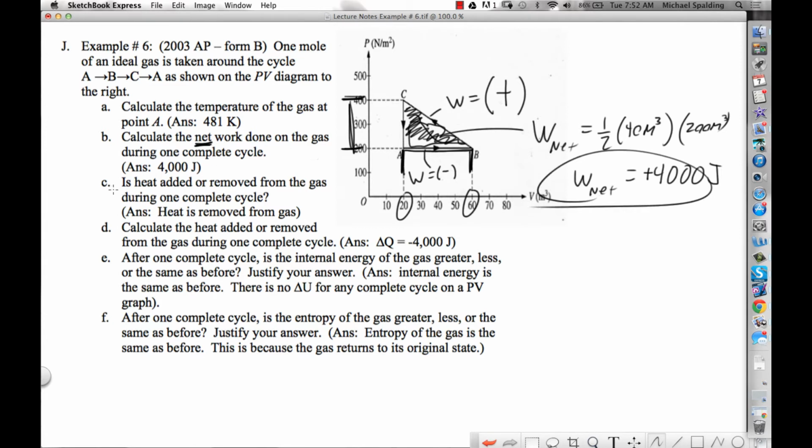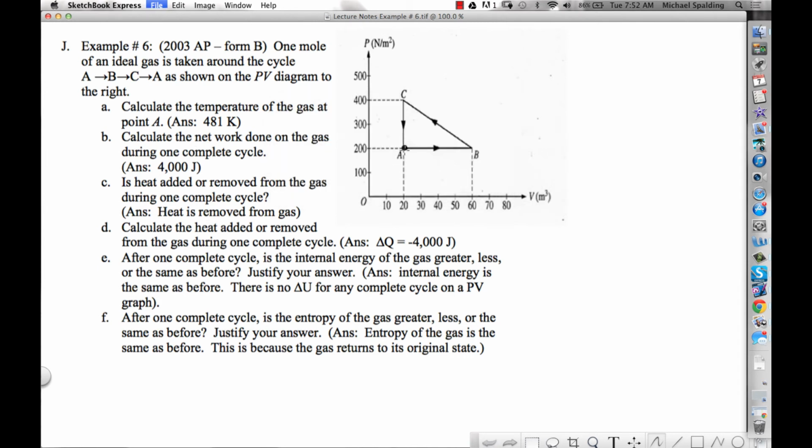Okay, part C. Is heat added or removed during one complete cycle? Well, look, what do we know about one complete cycle? For a complete cycle, the change of internal energy is what? 0. And why is that? Well, if you start at point A, here, let me make this clean.